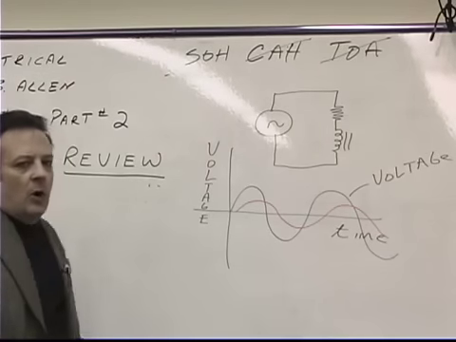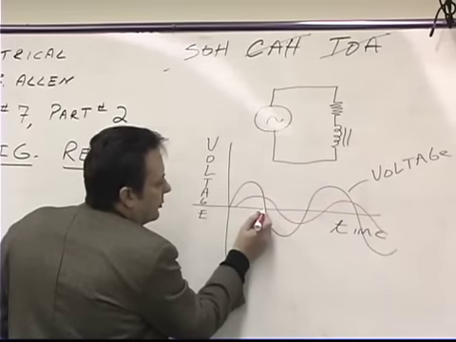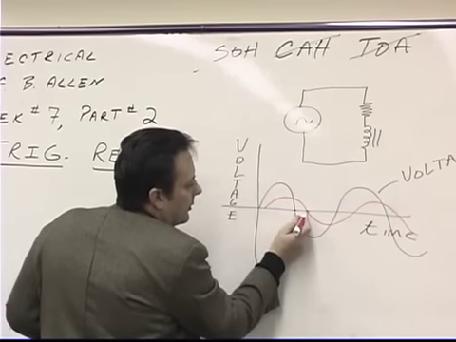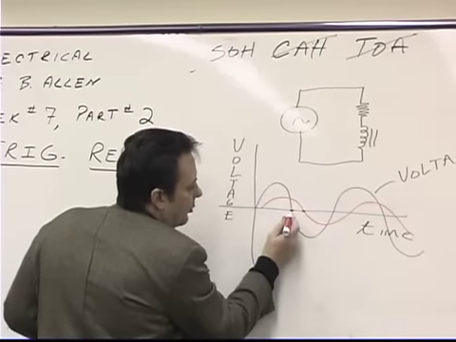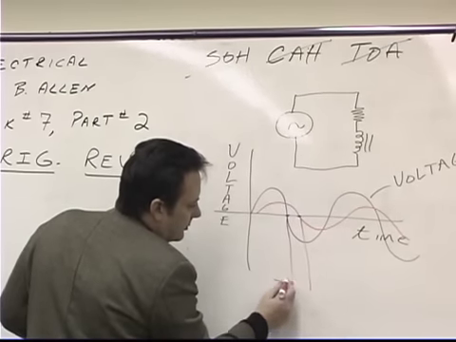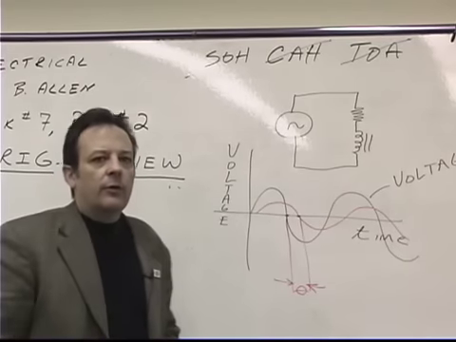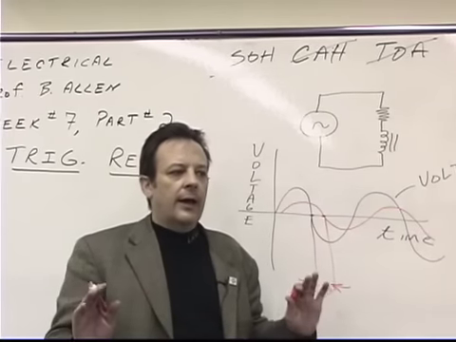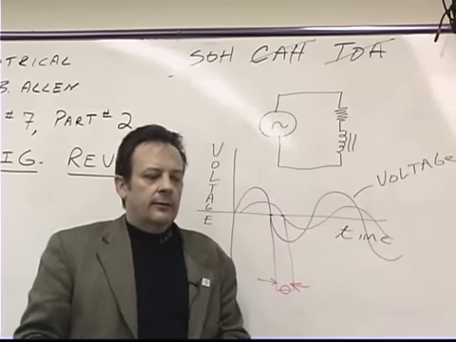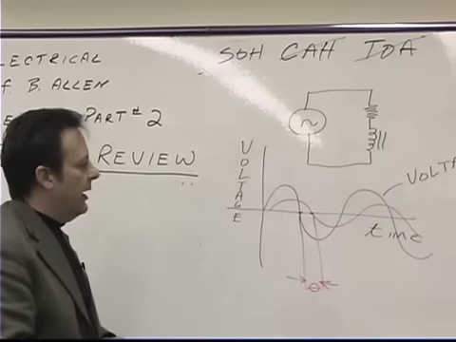The thing that's noteworthy about this is that they don't pass through zero at the same time. This right here represents a phase angle, a phase angle or a phase delay. It's actually a delay. And it all gets into the acronym ELI the ICEman, which we won't talk about tonight.